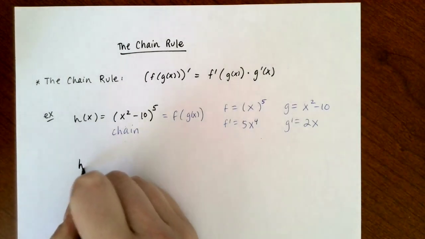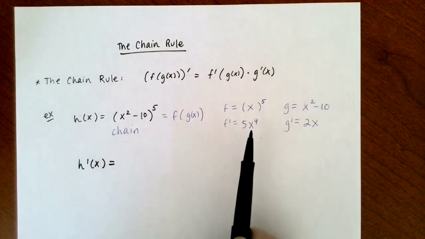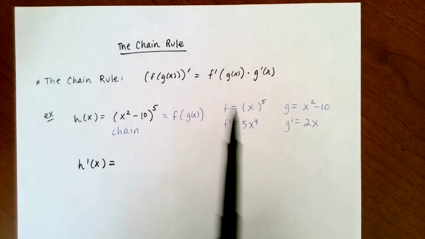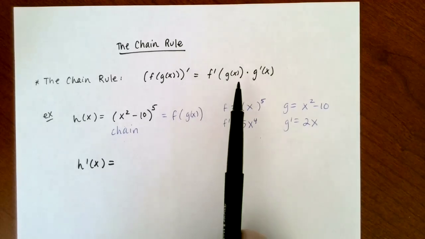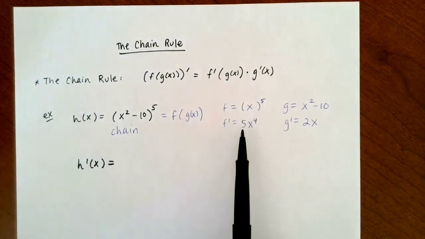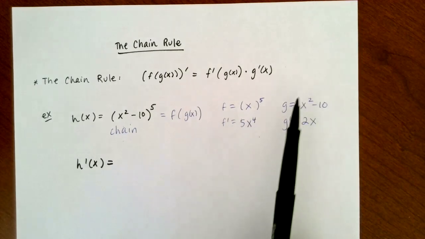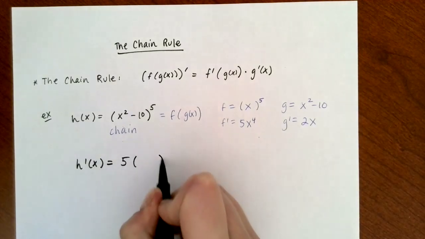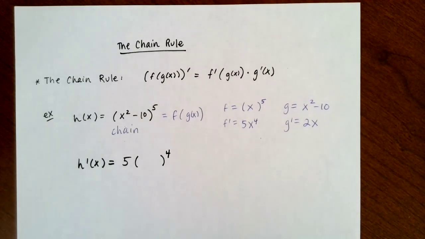Okay, so my overall derivative, h prime of x, will be f prime of g times g prime. So this part of the formula is the trickiest part. This isn't just a plain f prime of x. I'm not actually going to write 5x to the fourth anywhere. I want to have this function with g plugged into it. So f prime with anything plugged into it is 5 whatever to the fourth.